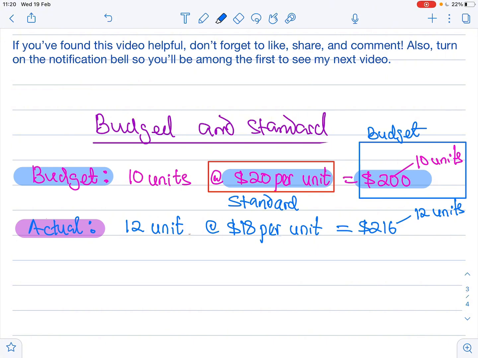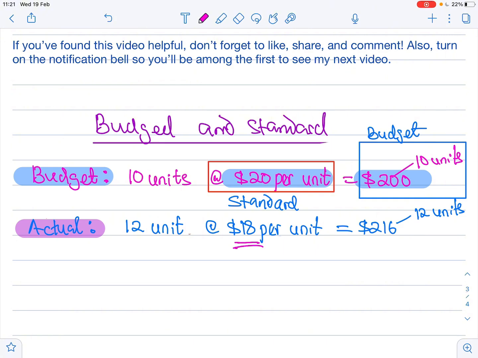Okay, so what happens if you get to the store where you are to buy, and you now imagine you find out that the actual price for each is $18. So that means the price is cheaper, and because the price is cheaper, you are even considering buying more than 10 units.